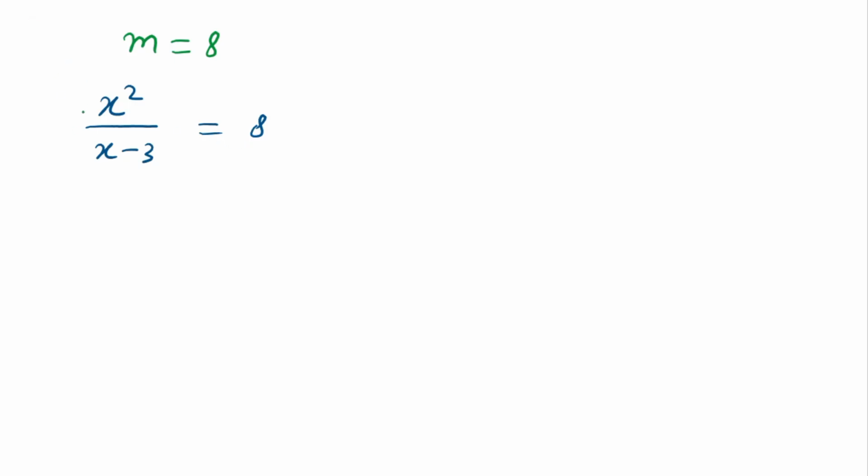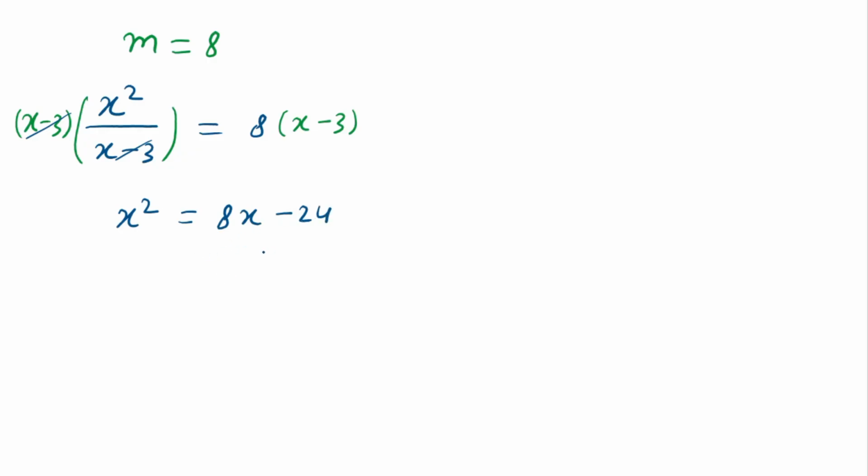Now if we multiply both sides by x − 3, then this expression and this expression cancel out. Then x² = 8 multiplied by what is inside the bracket, so you will get 8x − 24.